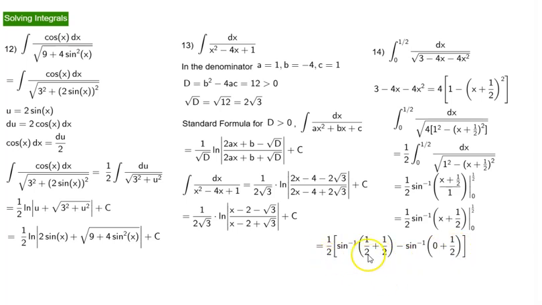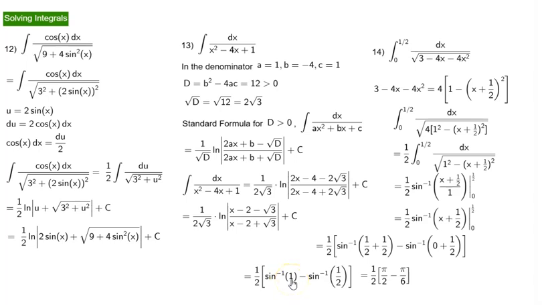1 by 2 times sine inverse of (1 by 2 plus 1 by 2) minus sine inverse of (0 plus half). So it becomes 1 by 2 times sine inverse of 1 minus sine inverse of 1 by 2. Remember, for what value of the angle will sine be 1?